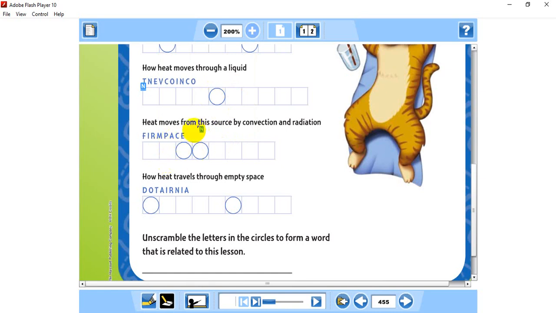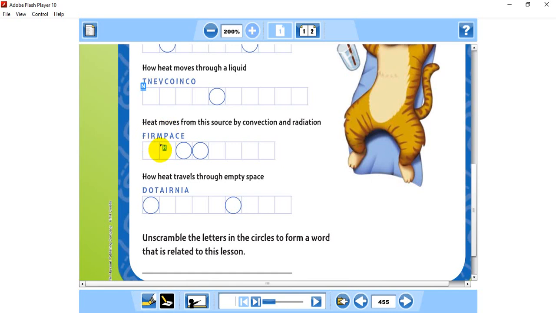Okay, what about now here? Heat moves from this source by convection and radiation. Try to reorder these letters, guys. Do you remember this one? We explained it in the previous lesson. The heat moves by radiation and convection.